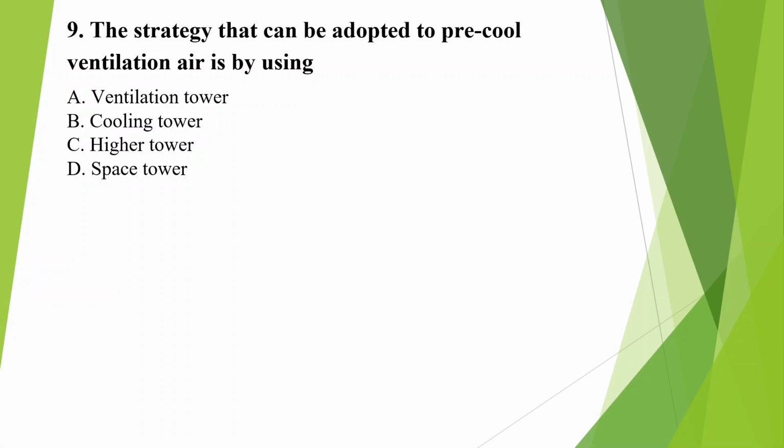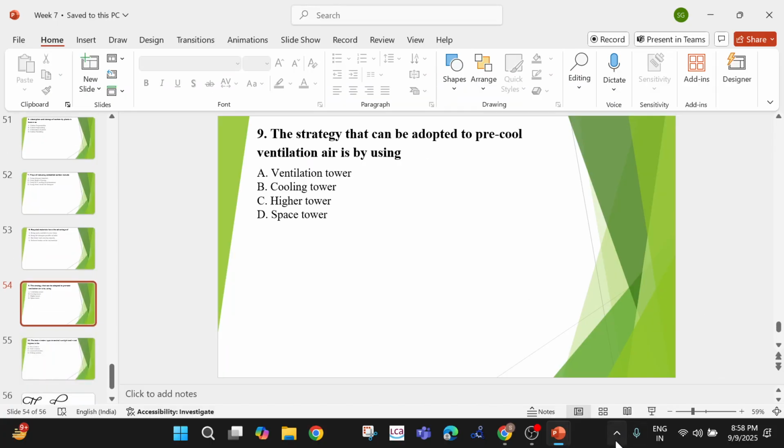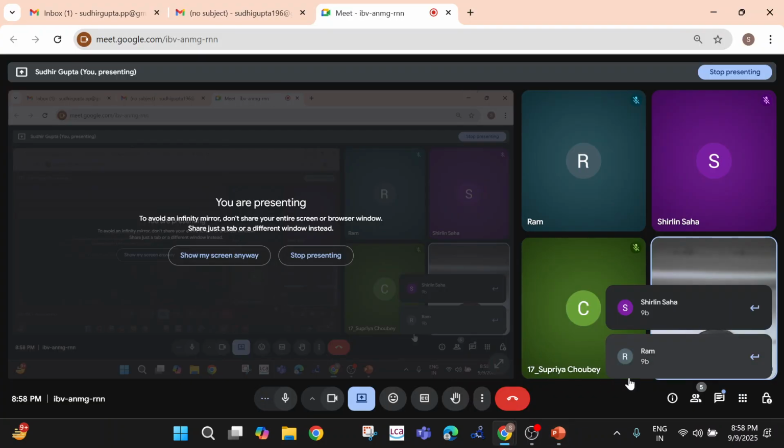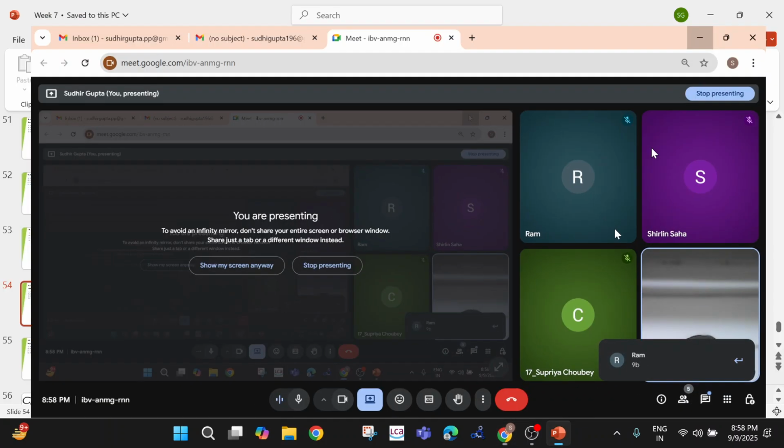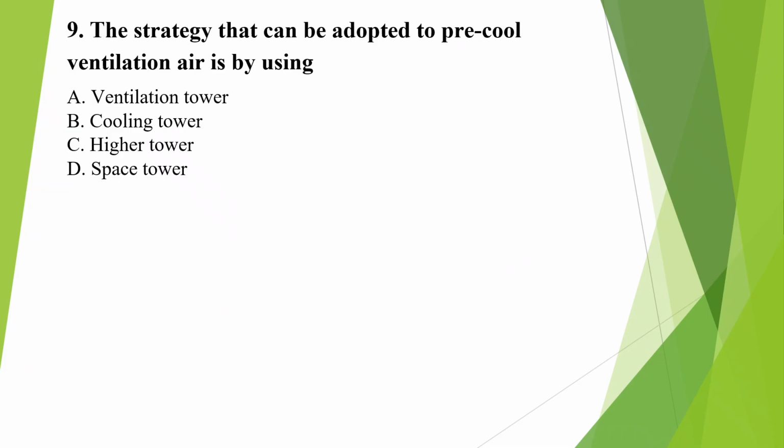I hope the question is very straightforward and all of you will be able to answer question number 9. Yeah, as I can see, many of you are opting for option B. So whoever has opted for option B is absolutely correct.